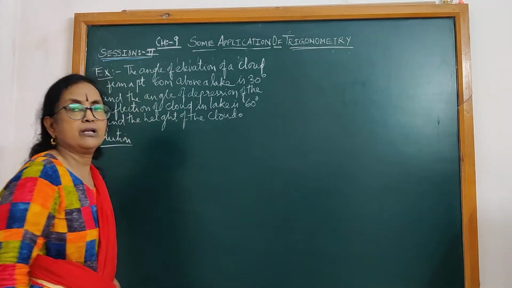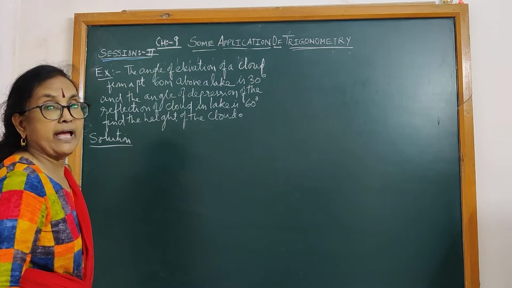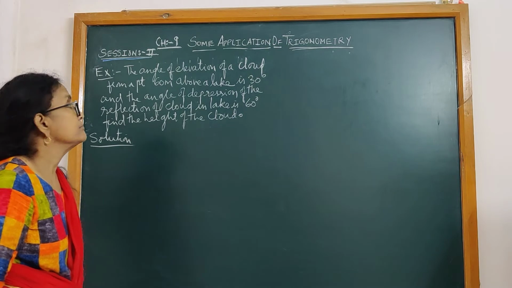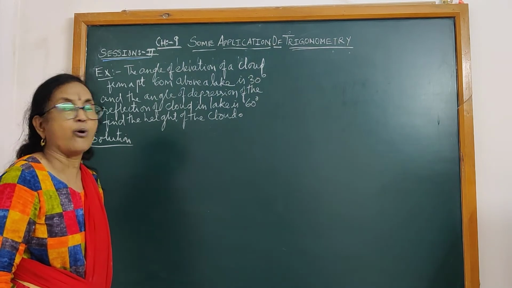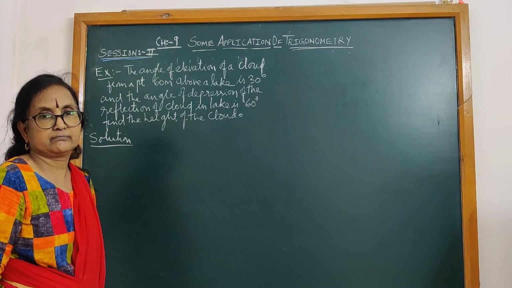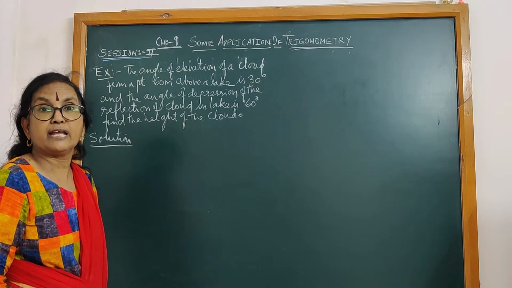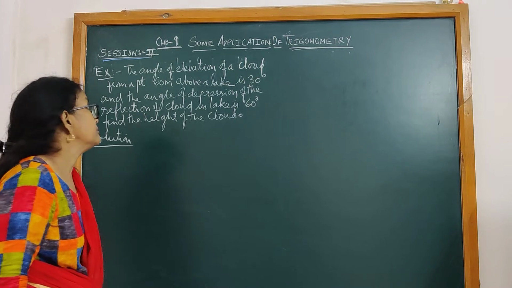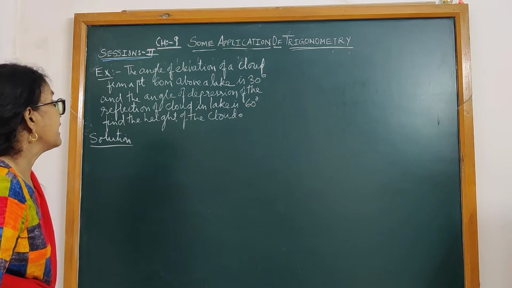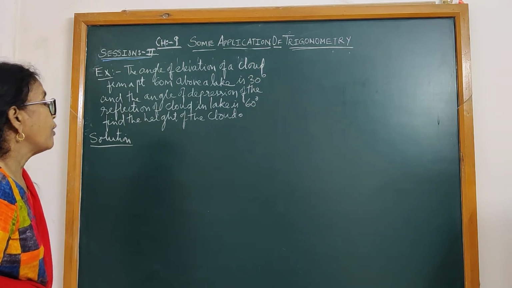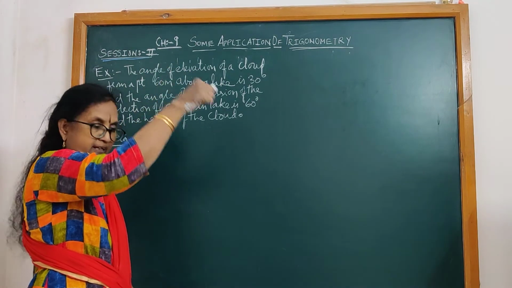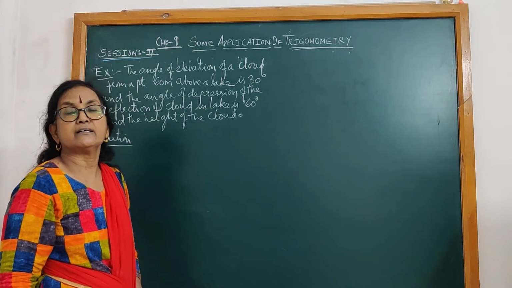One more example. The angle of elevation of a cloud from a point 60 meter above the lake is 30 degree, and the angle of depression of the reflection of the cloud. Now the cloud which is there, its reflection is in the lake.